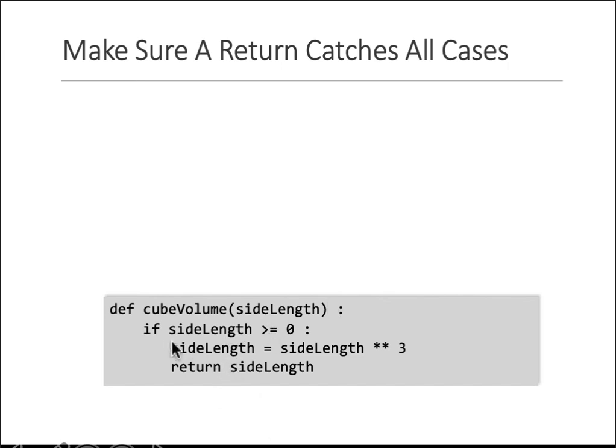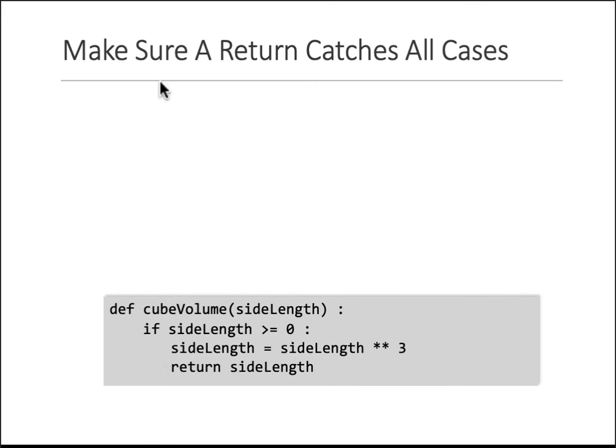Does it handle that? No, because your if condition is returning, but then nothing is being returned if your side length is less than 0, right? If nothing is being handled in that case, then it's a problem.